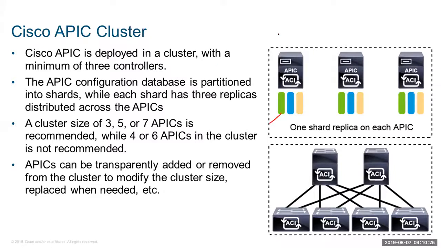So let's say server A, B, and C. This would be the master for the green shard probably. That means it is responsible for any changes in the database entries that belong to the shard. This could be the master for the blue shard. This could be the master for the peach shard. They actually have a hashing mechanism which decides on which of the servers these shards should be spread.